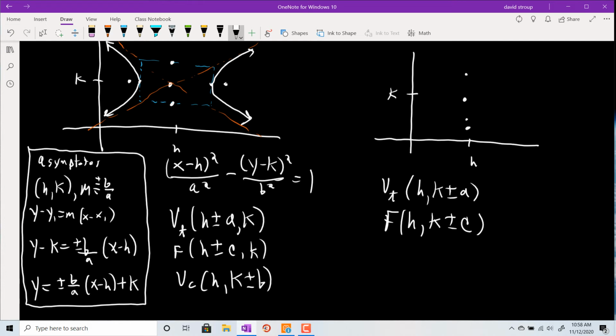So those will go on the outside of the vertices. And then for the conjugate vertices, you're moving left and right by b, so it'll be h plus or minus b comma k. So there and there, and then we could do a box on it. And then we do our asymptotes.